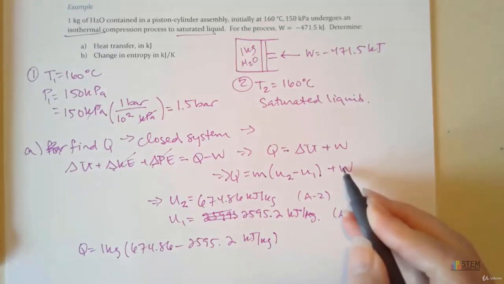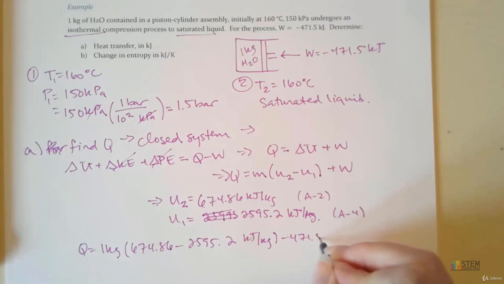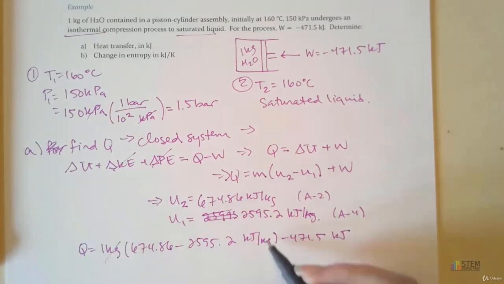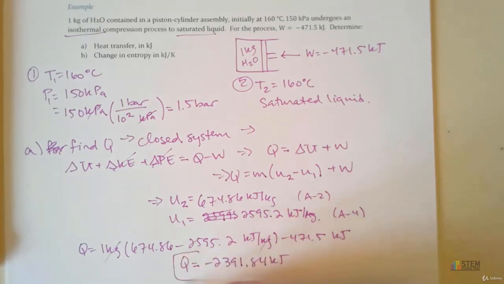And then we've got our work. We were given that. It was negative 471.5 kilojoules. Notice kilograms cancels, so everything is in kilojoules, and you get a Q of negative 2391.84 kilojoules. So that is our heat transfer in kilojoules.